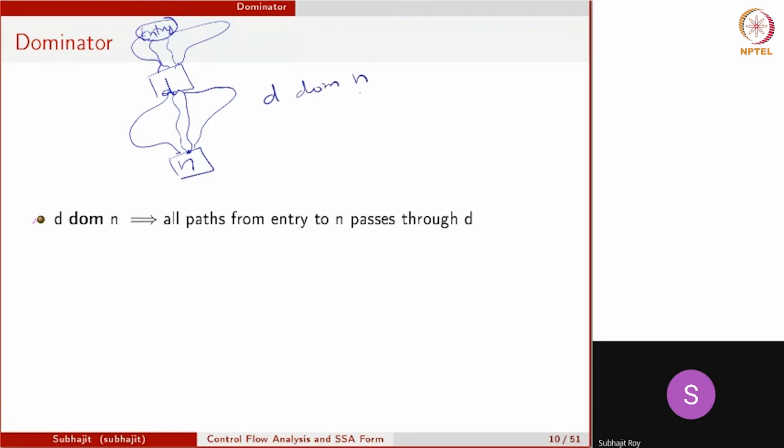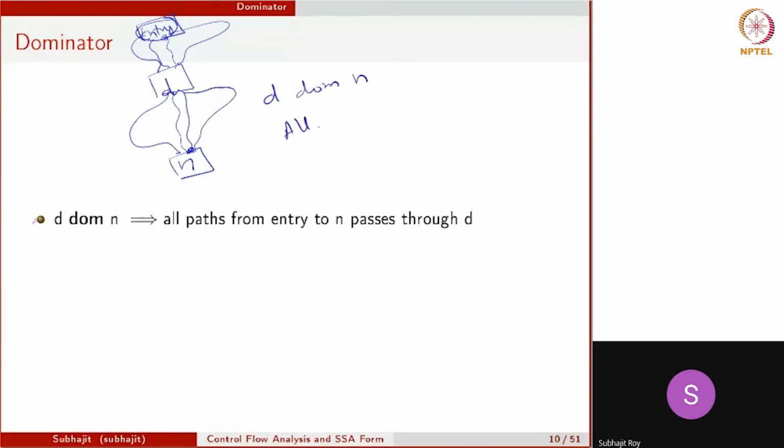Right? Is the definition clear? So I'm trying to list out all paths from the entry basic block to the Nth basic block.